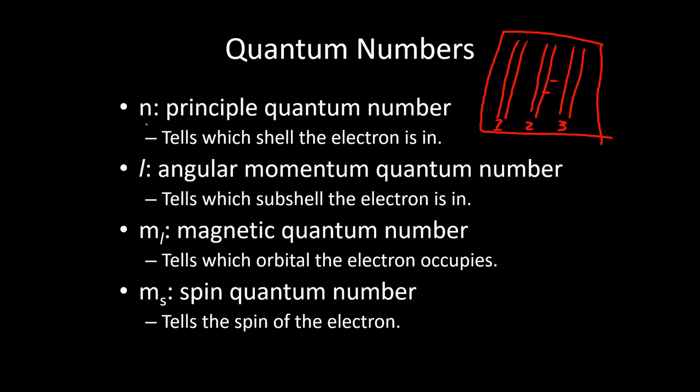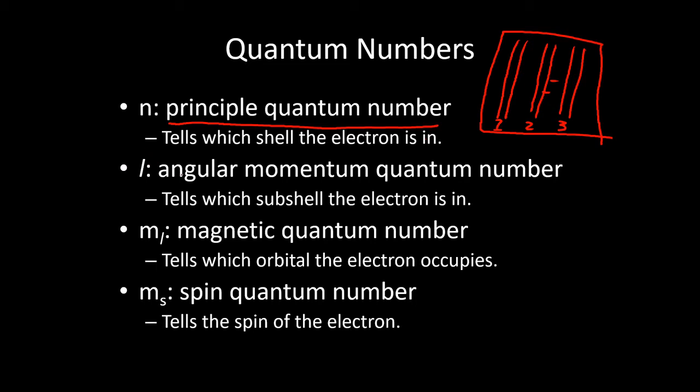So the first quantum number is what we call the principal quantum number. It is usually represented with the letter N, and the principal quantum number tells us the shell that the electron is in. And the shell is like a row of pallets in a warehouse. It's the biggest group of things. There's a lot of stuff inside of a shell.